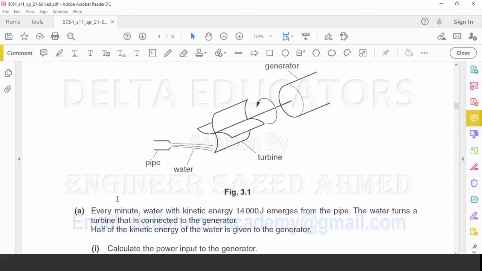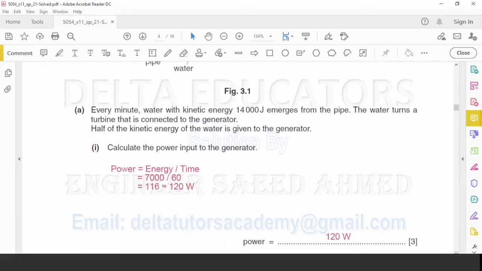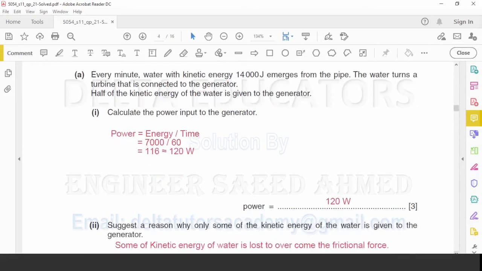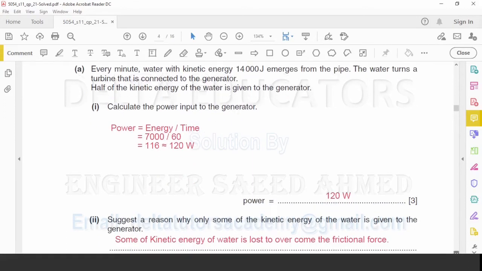So here time is 60 seconds and energy is 7,000. So here we have to calculate the power. Power will be equal to 7,000 over 60. 7,000 over 60 is equal to 116, or approximately we can say it is equal to 120 watts. So here our answer is 120 watts.